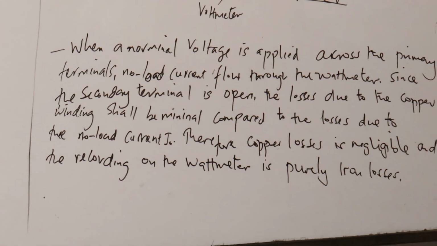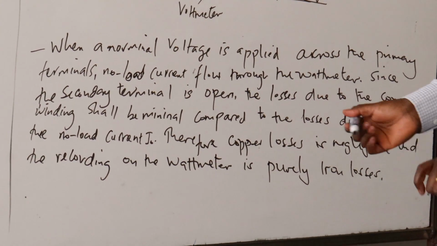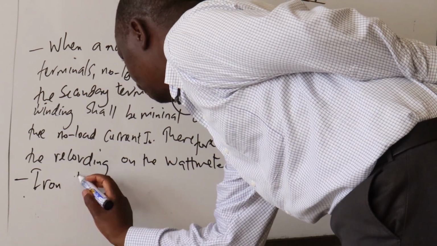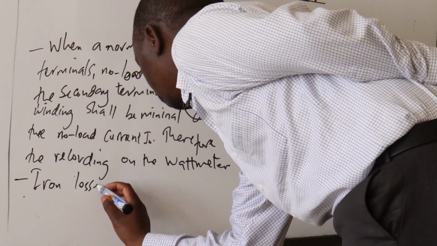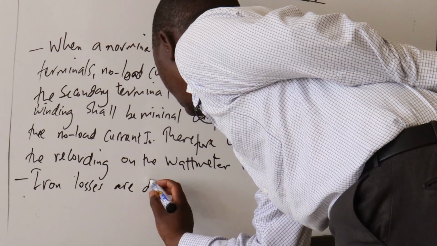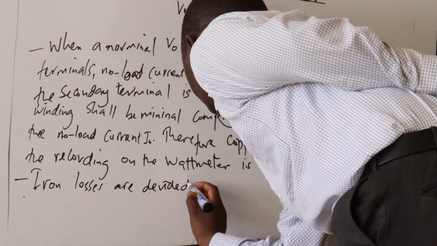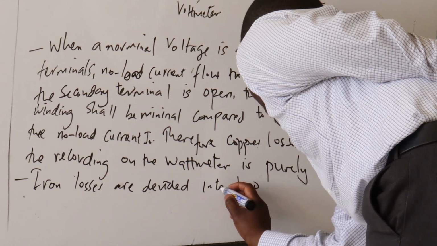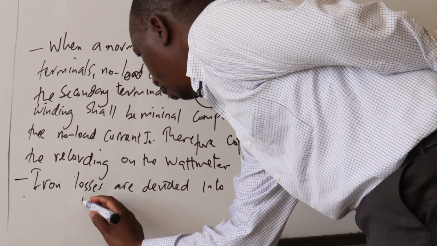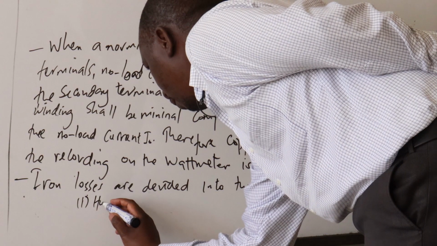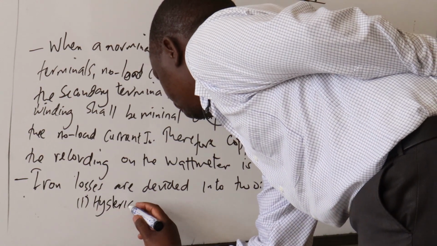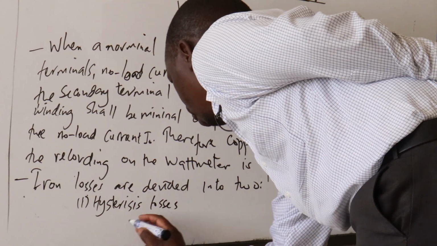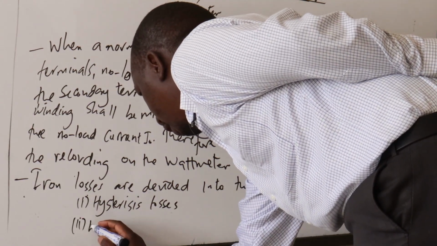So these iron losses are also divided into two. Roman 1 is the hysteresis losses, and Roman 2 is the eddy current losses.